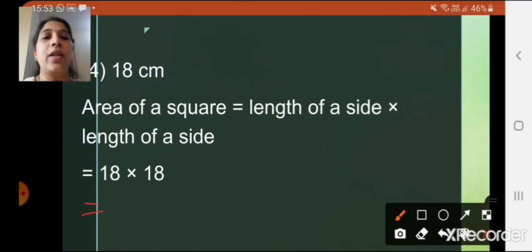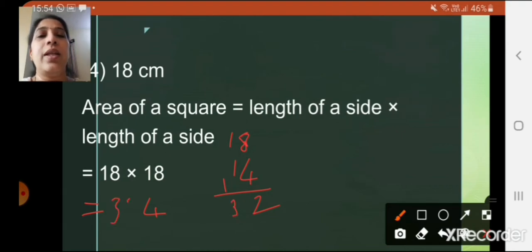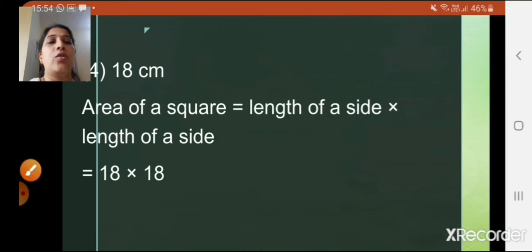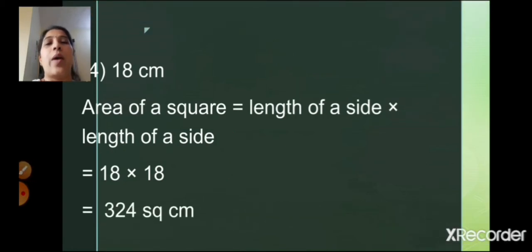So you will write 4 here and 14 we will carry over, right? 18 ones are 18. So 18 plus 14 is how much? 8 plus 4 is 12. 1 plus 1 is 2 plus 1 is 3. So what answer you got? 324. So your answer is 324 square centimeter. Right children? So first question is over.